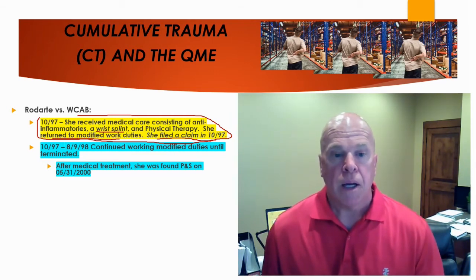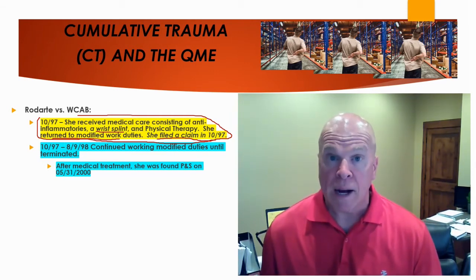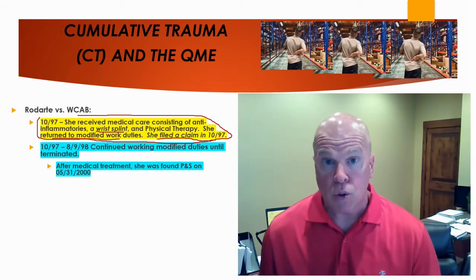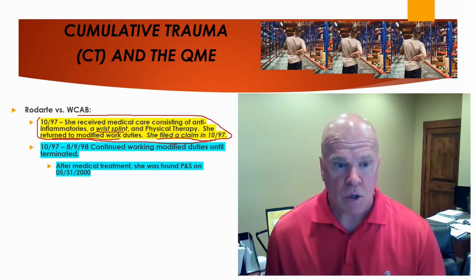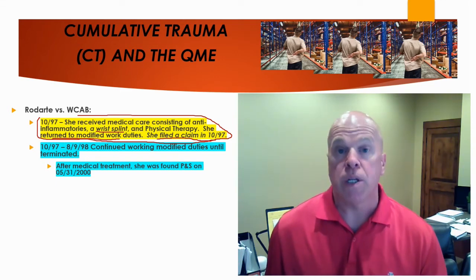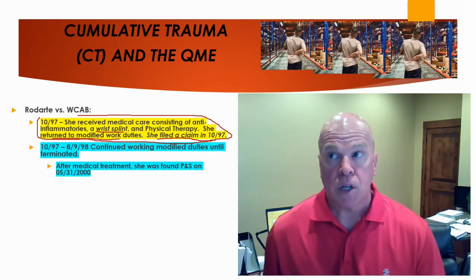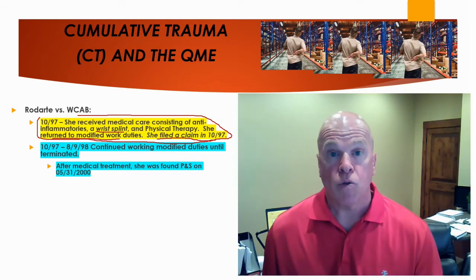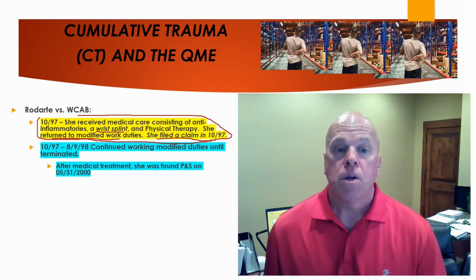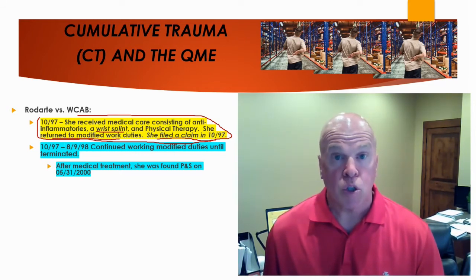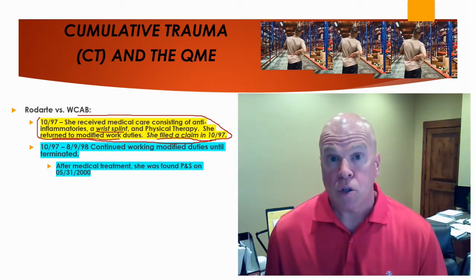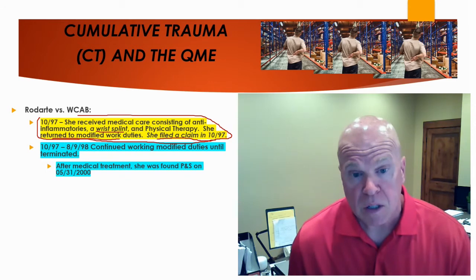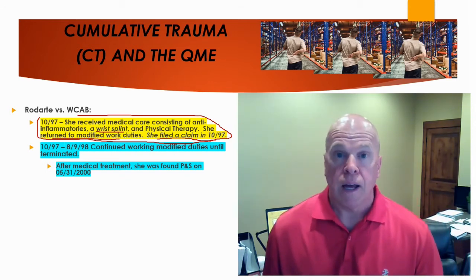Well, in this case, different from the Wagner case, Wagner returned to unrestricted work duties, where here Ms. Rodarty returned to modified work duties. So perhaps it's the modified work duties that contributes to the disability, or like Wagner, perhaps it's the wrist splint that contributes to the disability or constitutes the disability. Well, the WCAB found it different, as we're going to see.